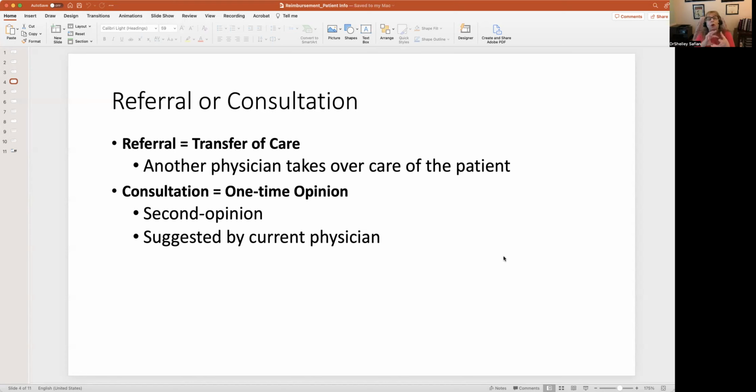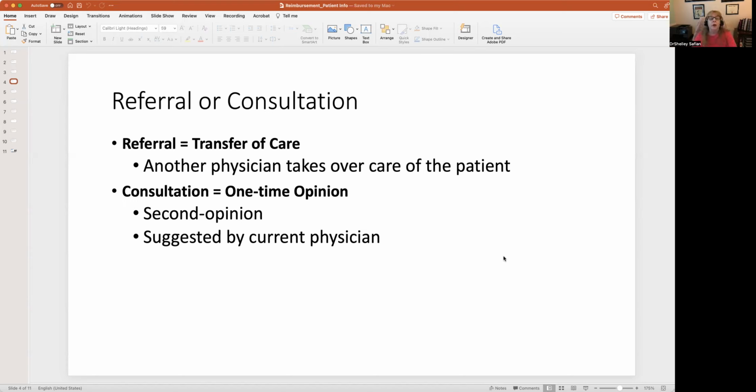So these two are kind of similar, mostly because the confusion comes from the way the common phrasing is in the office. I'm not even talking about the patient's terms or words, but the physician or office terms and words.